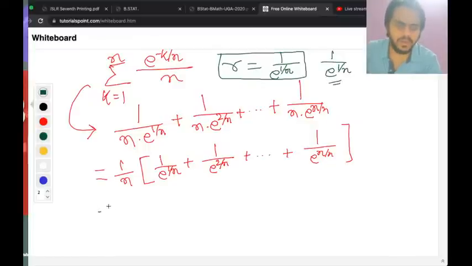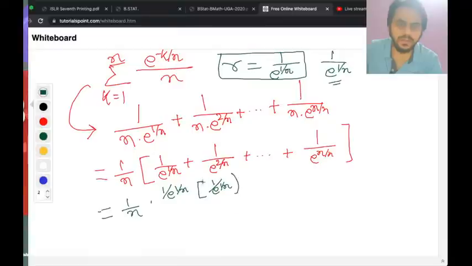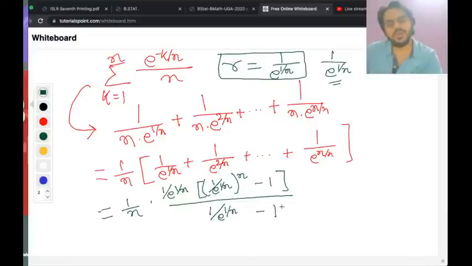So if I do the next calculation, I will be landed with the sum formula. Now we need to just use this green thing.